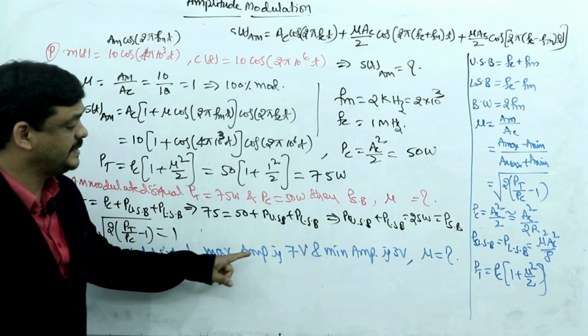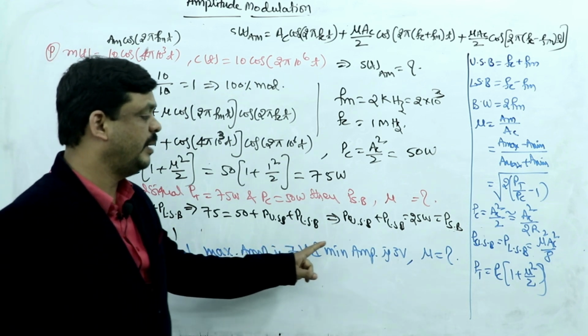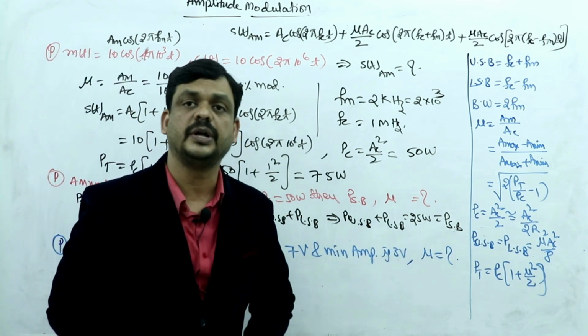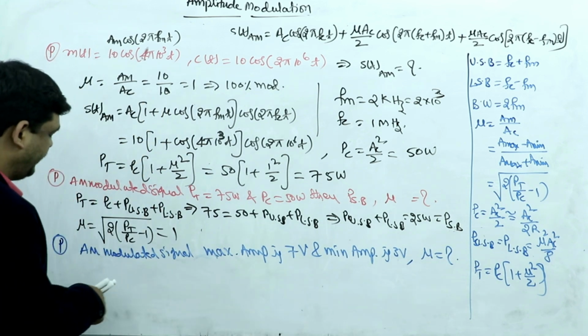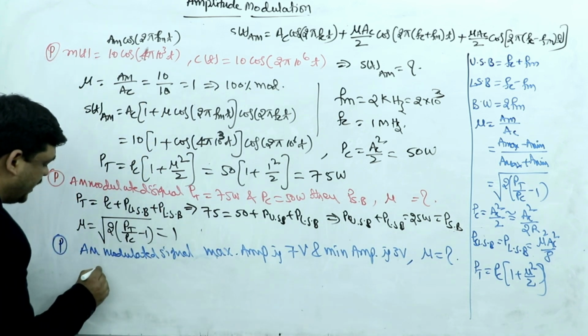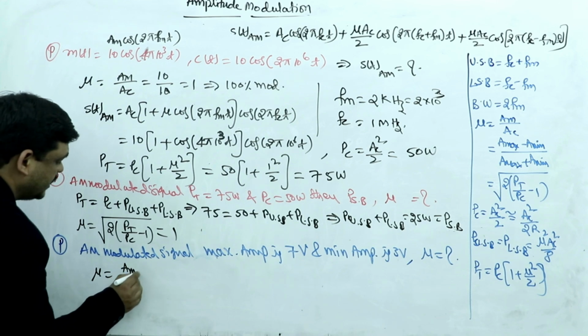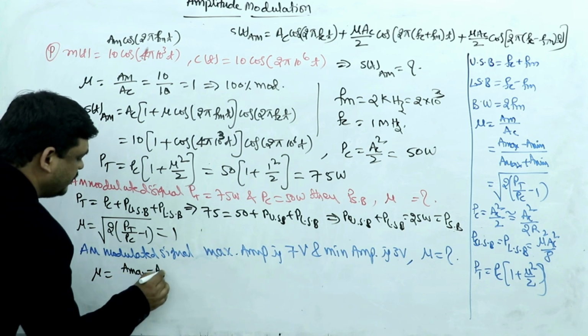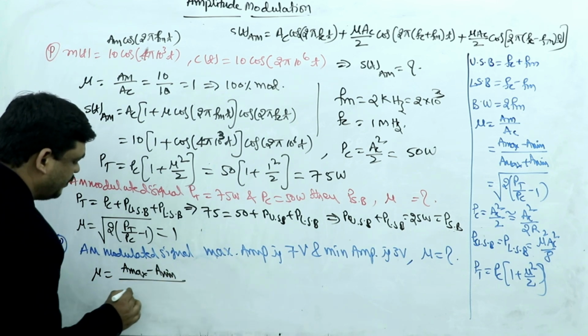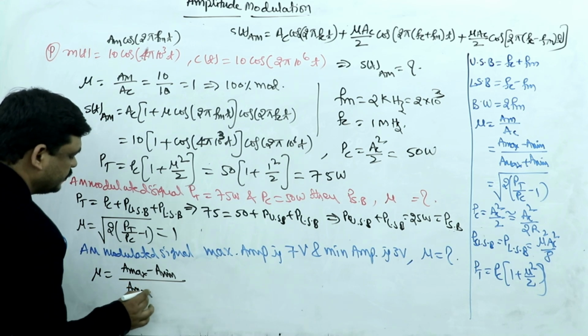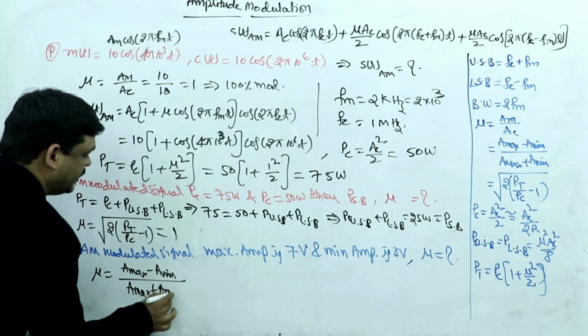For an AM modulated signal, the maximum amplitude is given and the minimum amplitude is given. From these two we have to find out the modulation index. Already we have discussed the modulation index; another standard equation is maximum minus minimum amplitude by maximum plus minimum. Right? So what is Amax here?